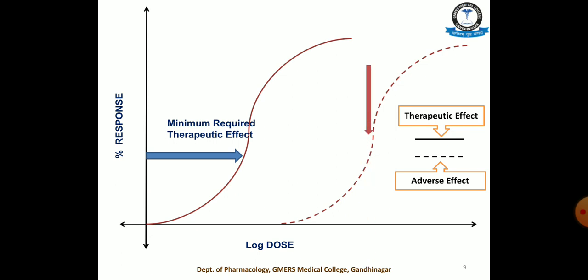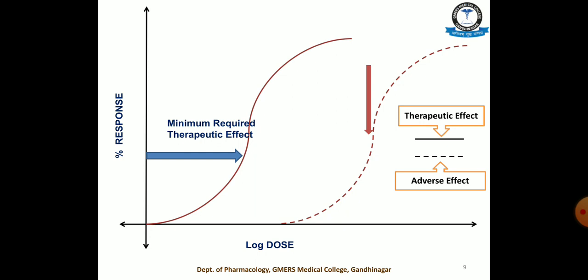And in the same way for the adverse effect, again it is obvious that for a safer drug the adverse effect starts producing with a higher dose. Okay, but if you keep increasing the dose, there is more severity or frequency of the adverse effect, but a time comes, at a particular dose, that you can tolerate this maximum adverse effect.